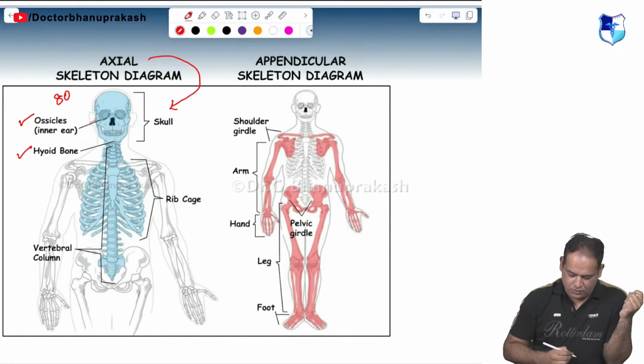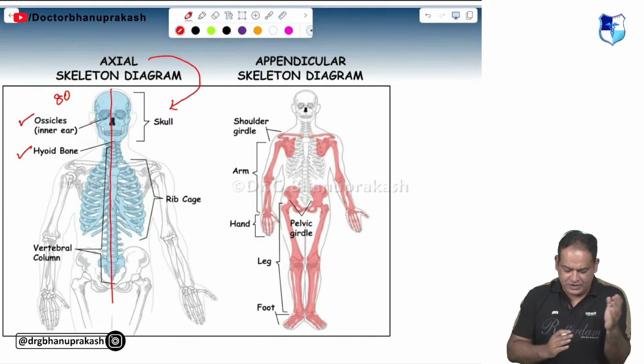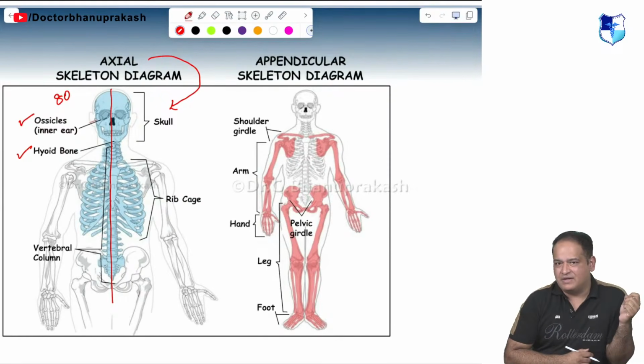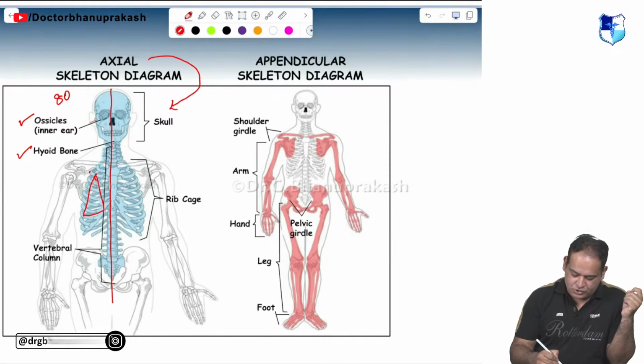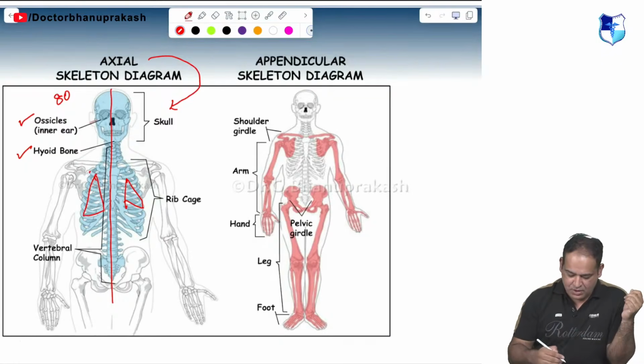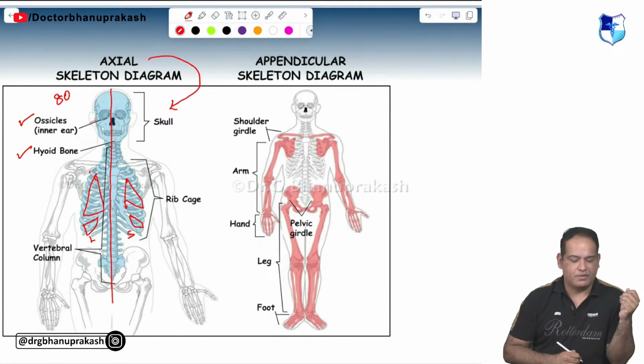The word axial means axis, so these bones are present at the center of the body. And what is their job? Protection of internal organs, like ribs protect the lungs, the spleen, and the liver, right?